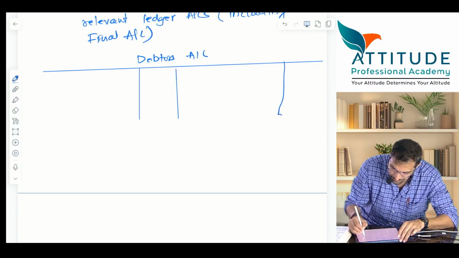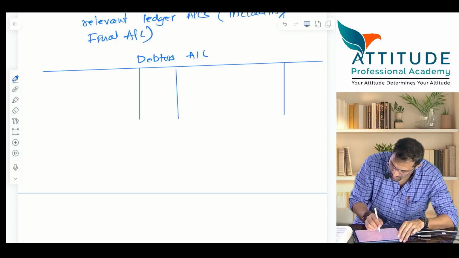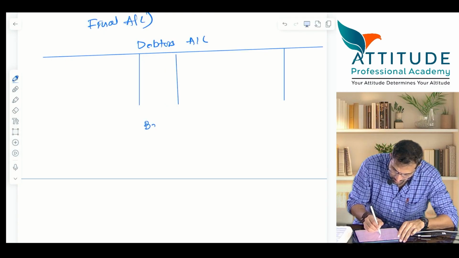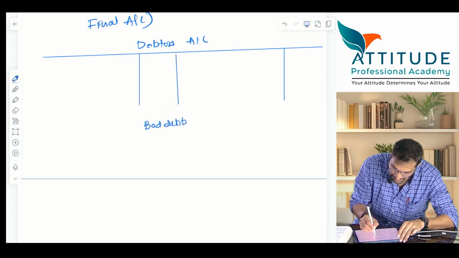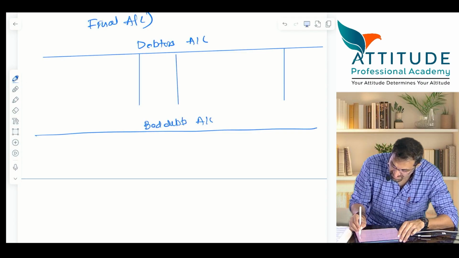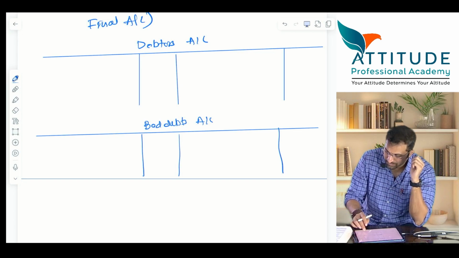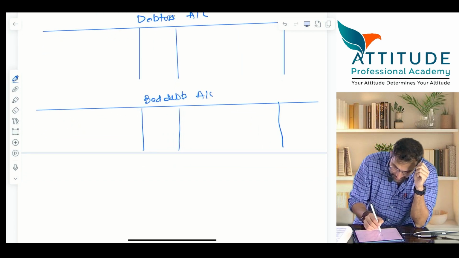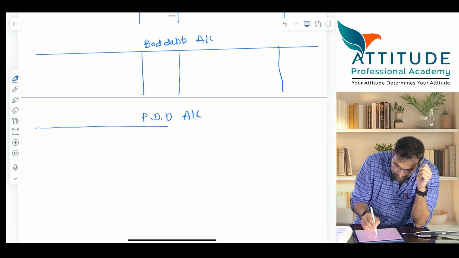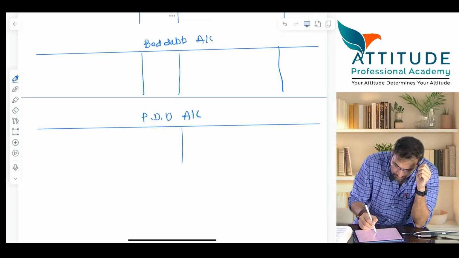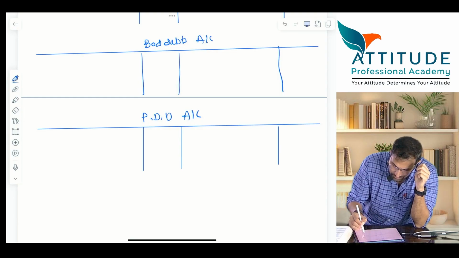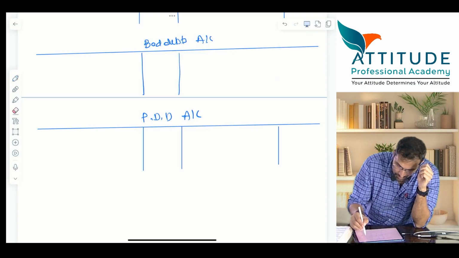Next. Bad debts account. What account? Bad debts account. 2 lines. Provision for doubtful debts account. PDD account. What? PDD account. 2 lines. Okay. Next.